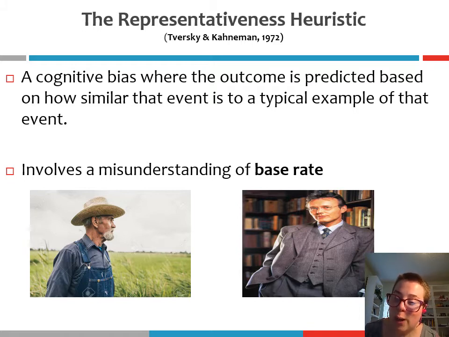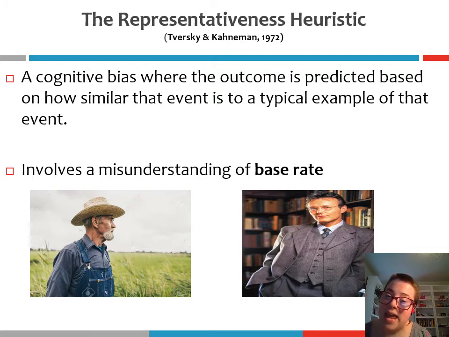And so overwhelmingly, most people decided that Robert was a librarian because the description that was given matched their typical description of a librarian, right? Thus, they were influenced by the representativeness heuristic into basing their judgment on how closely the characteristics used to describe Robert match the characteristics of a typical librarian, right?